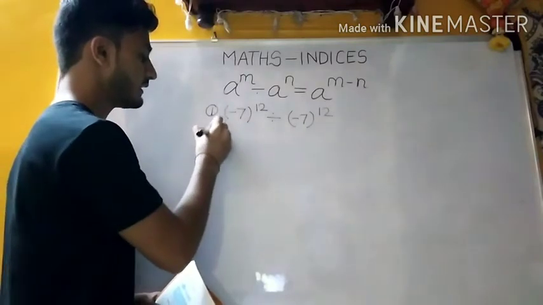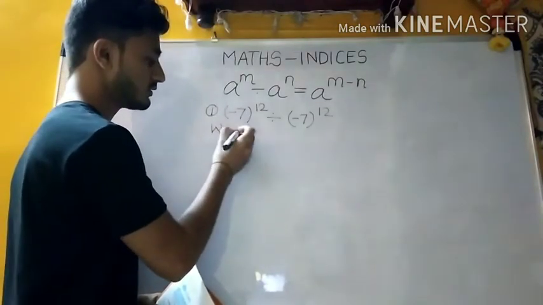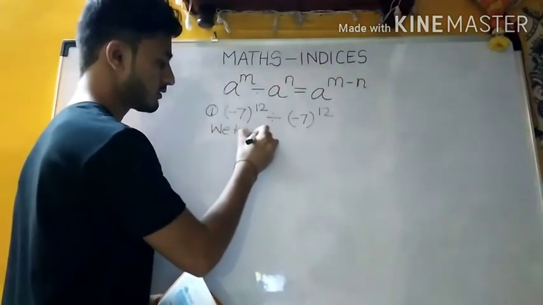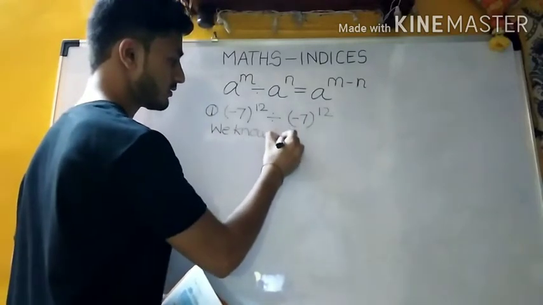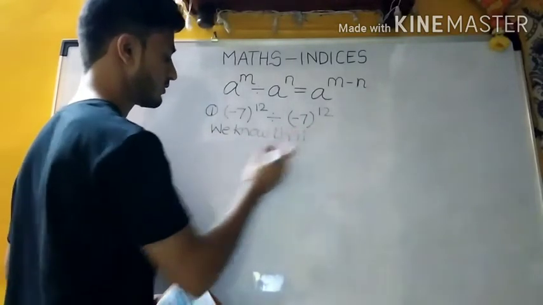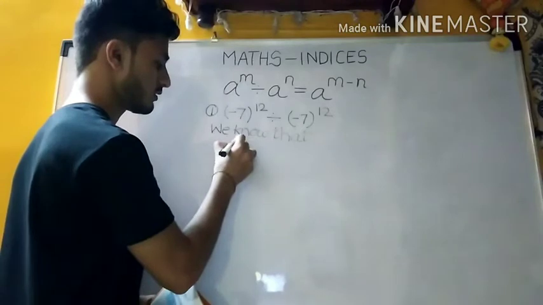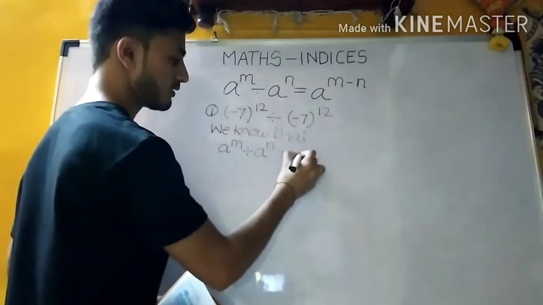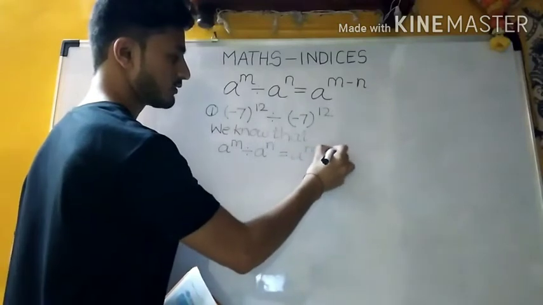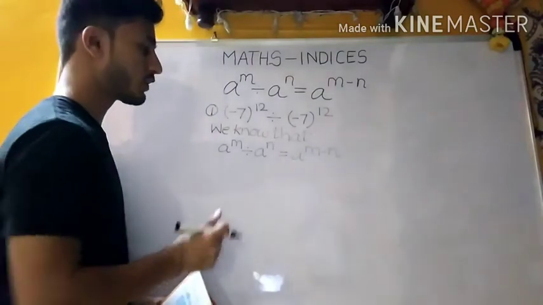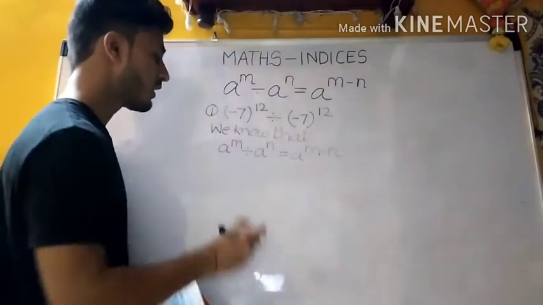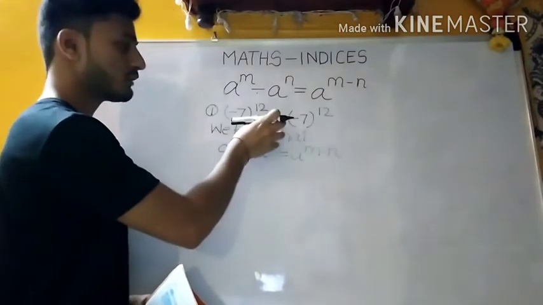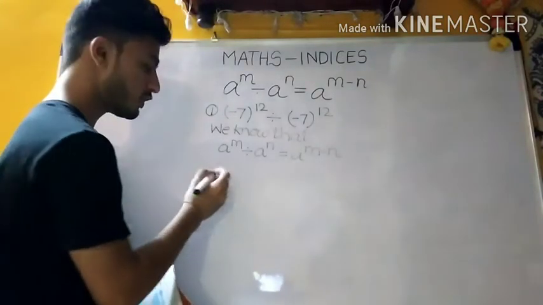Again we will write the law of indices. This is the law which we are going to use, and we are going to convert now our question into the form of the formula.